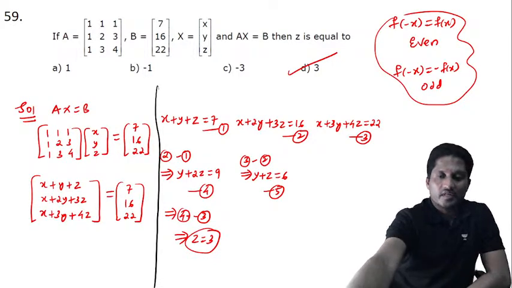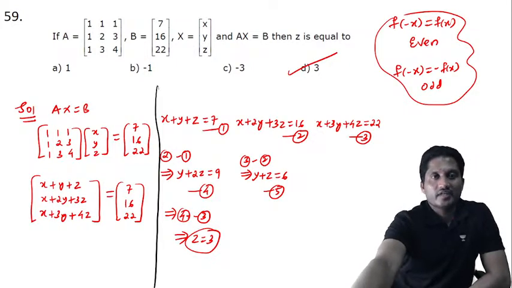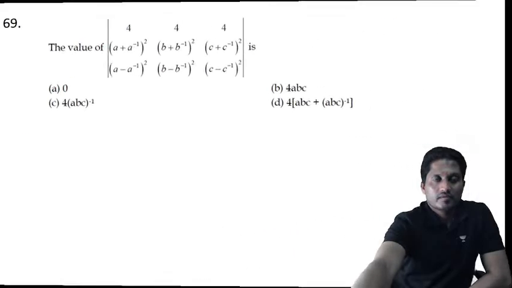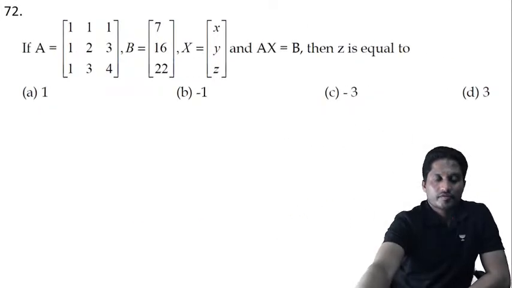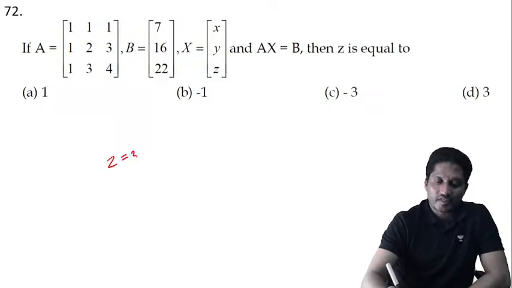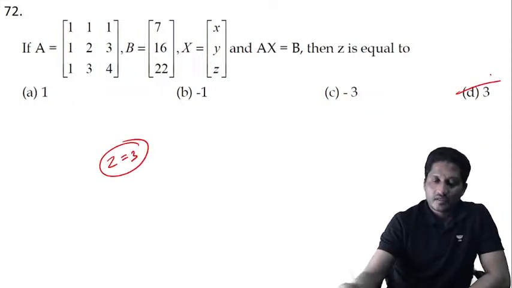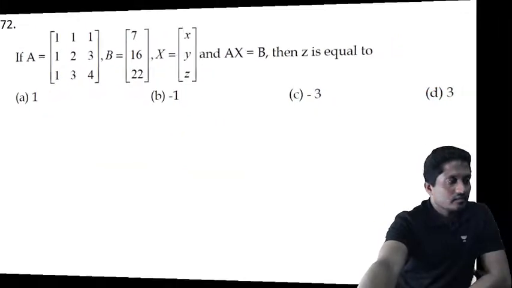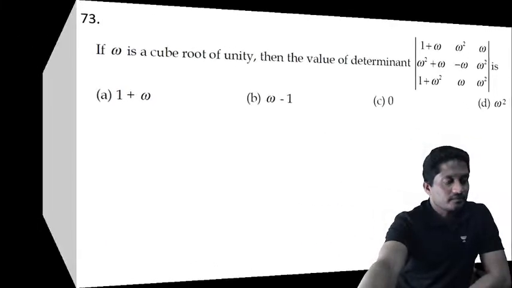Question number 59 we did in today's session, with the matrix 1, 1, 1, 1, 2, 3, 1, 3, 4. So same question, z is equal to 3 only. Right, let's move to the next question.